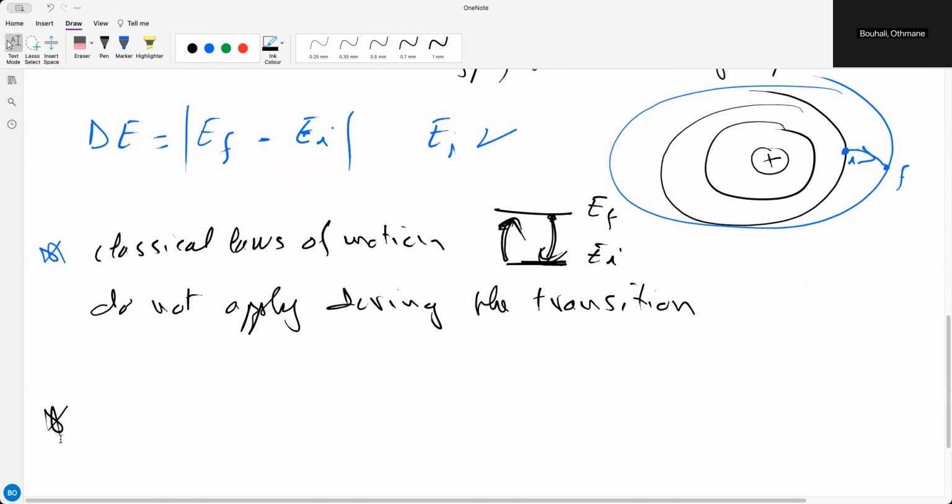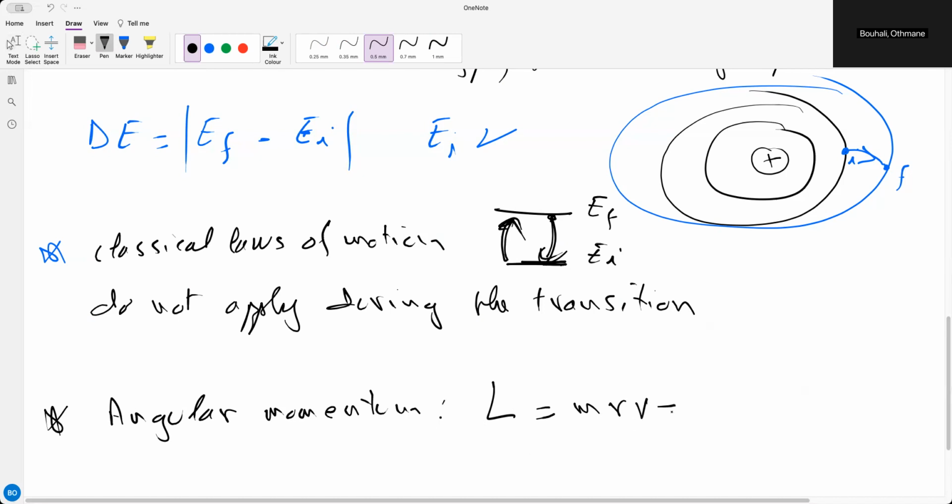And the last one is somewhat complicated, but the easiest part of it is that the angular momentum of the electron, L, which is equal to the mass of the electron times the radius, the distance between the positive charge and the place of the electron, times the velocity, is quantized, which means it cannot take any value.